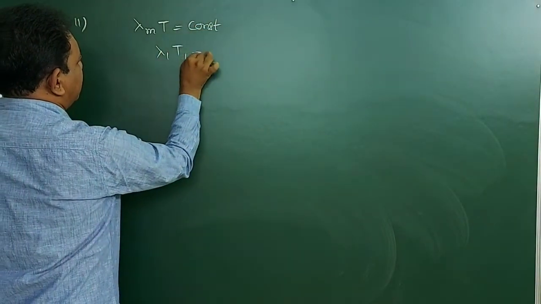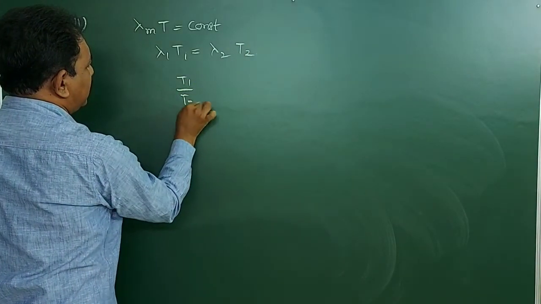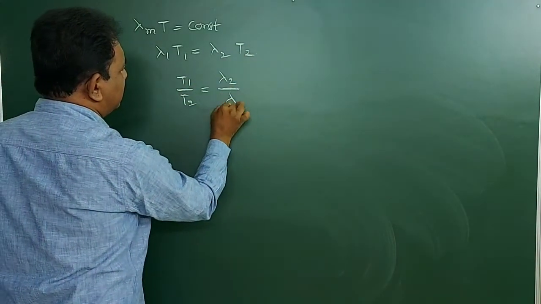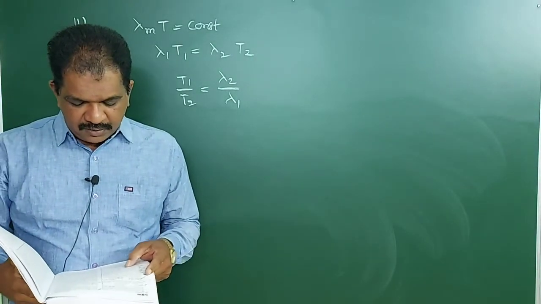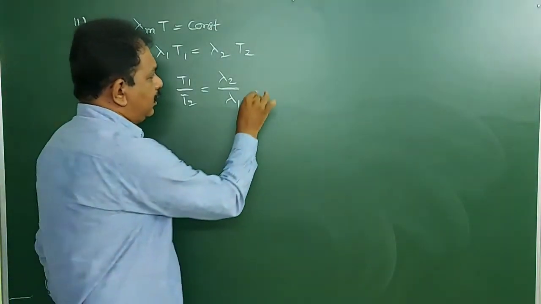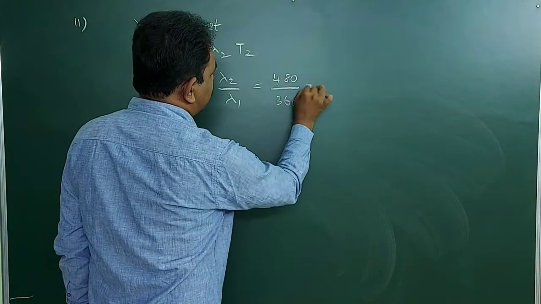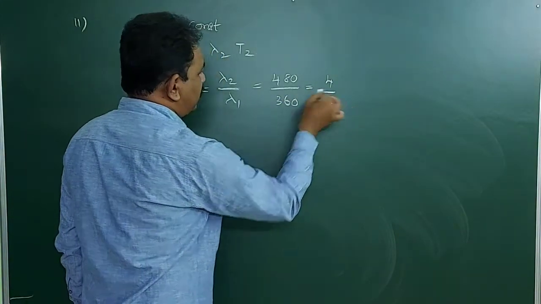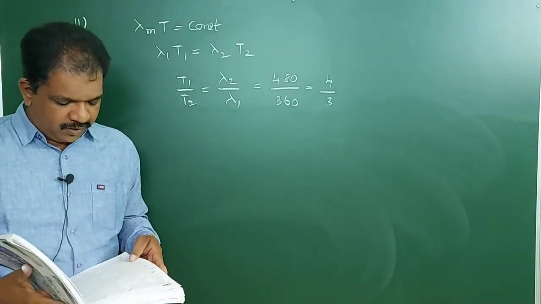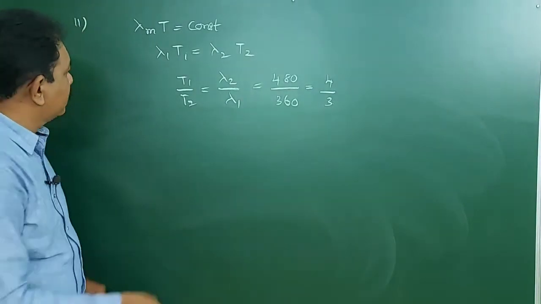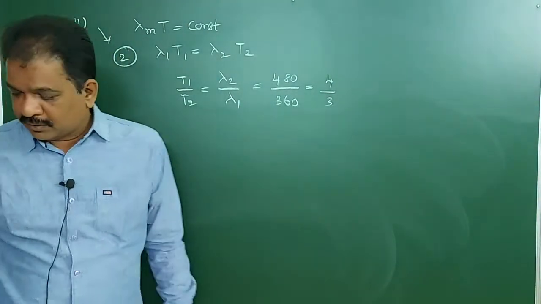Lambda 1 T1 is equal to lambda 2 T2. T1 by T2 is equal to lambda 2 by lambda 1. Here lambda 2 value is 480, lambda 1 value is 360, 12 4s, 12 3s. So the temperature ratio will be 4:3. So 11, it will be second option.